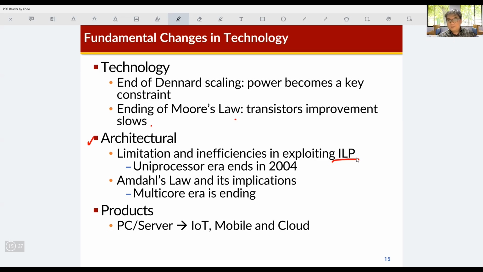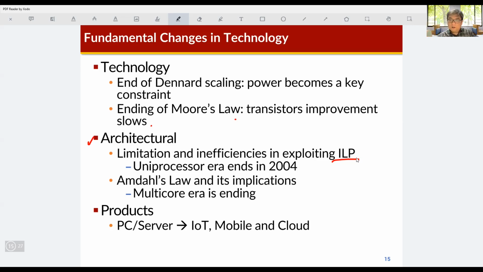With this multi-core architecture, we can increase the performance of parallel processing, the thread level parallelism, not single thread performance. But this performance improvement is limited by the fraction that can be parallelized.